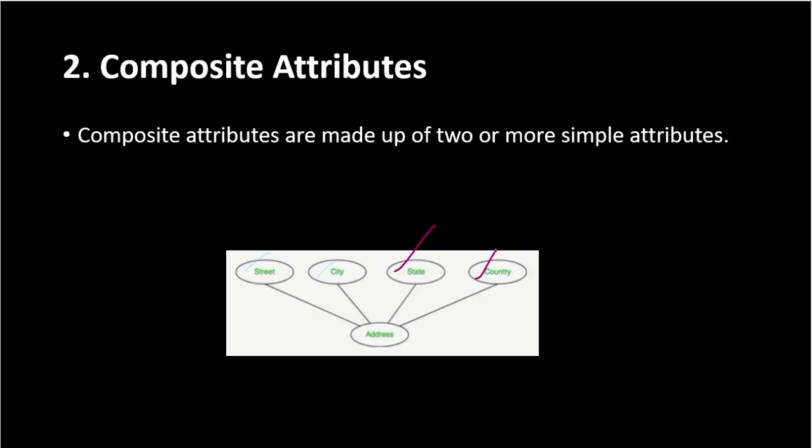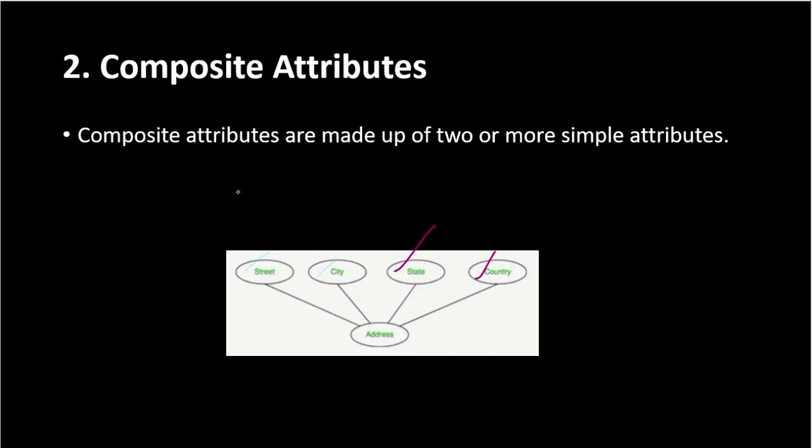These are unique attributes for any person, and based on them you can take the address as a composite attribute. Mainly, composite attributes can be used to create more complex data models and can be helpful when you are trying to represent data in a convenient way.